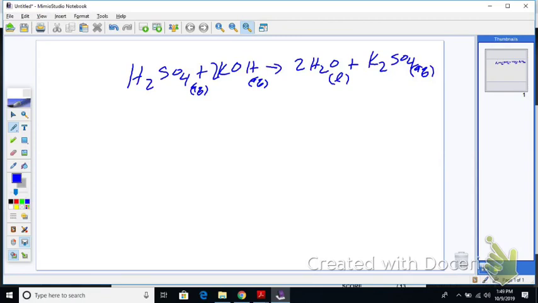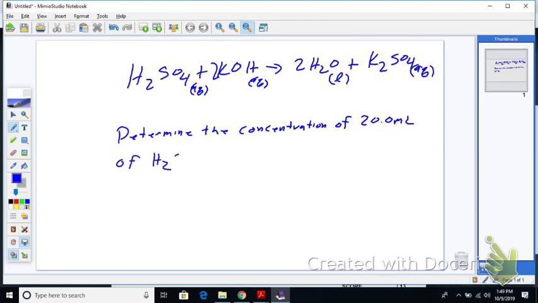Okay, so this question would be like, determine the concentration of 20 milliliters of H2SO4 if 42.5 milliliters of 0.25 molarity NaOH is required to neutralize.